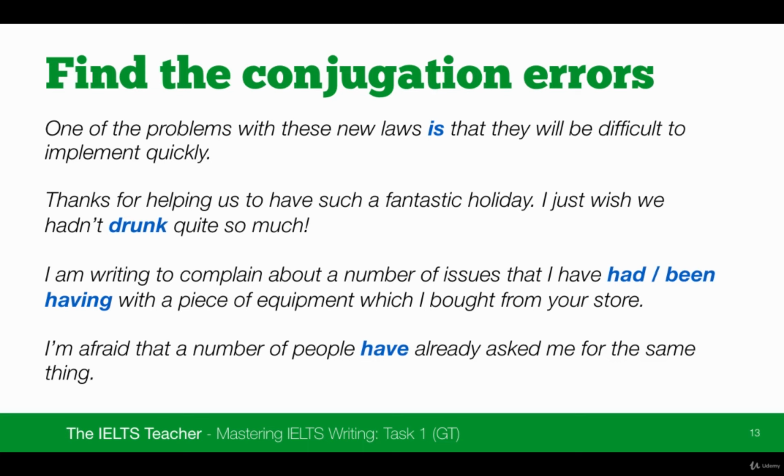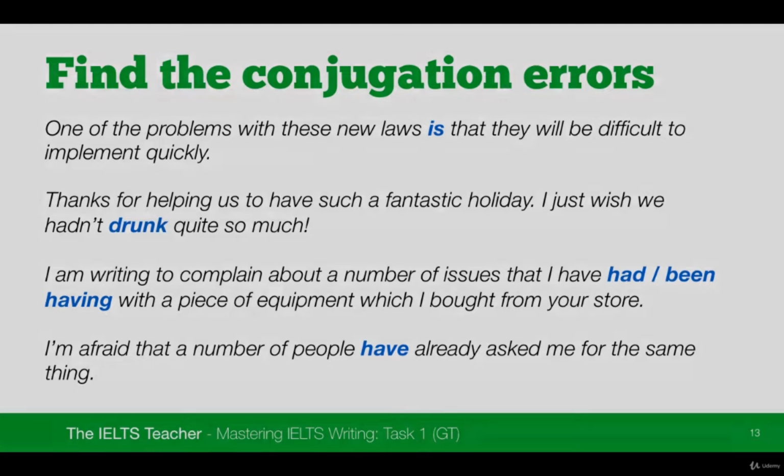A number of people emphasizes the plural. It's another way of saying many people have. Now, if we say many people have, we know we're dealing with a plural, despite the fact a number is singular, a number, one, but it's actually a plural. So be careful around that one. A number of something, you're dealing with a plural, use the plural verb conjugation.